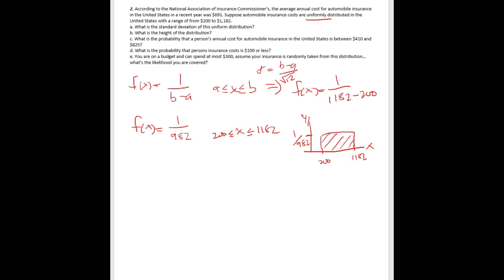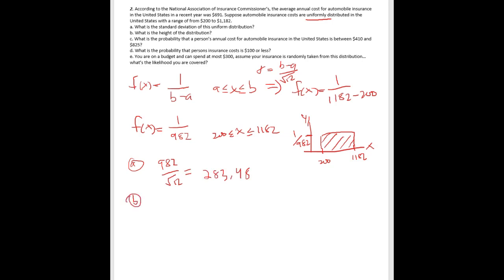All right, so the first question asks, what is the standard deviation? Well, we know that it's b minus a over the square root of 12. What is b minus a? Well, we know that that is 982 divided by the square root of 12 equals 283.48. So great. So that's done.